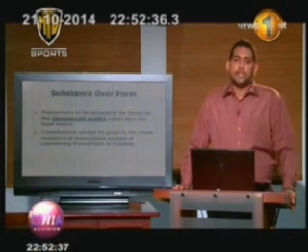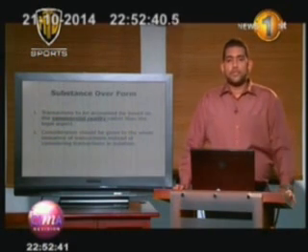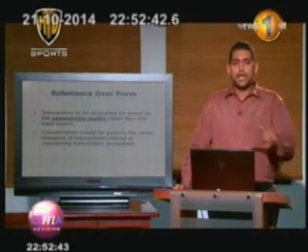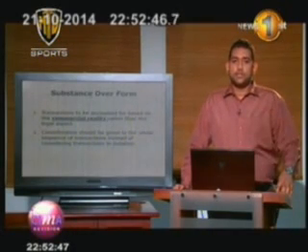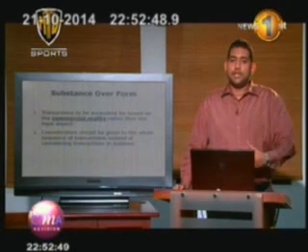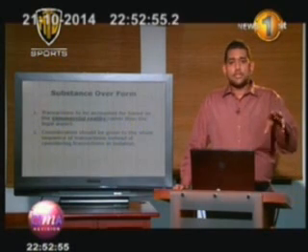Recall IAS 17, accounting for finance leases. In a lease arrangement, there are 2 parties. You have the lessor and the lessee. The lessee is the one who will be acquiring the asset, using the asset, maintaining the asset, ultimately keeping the asset within the organization. But then there is the lessor.